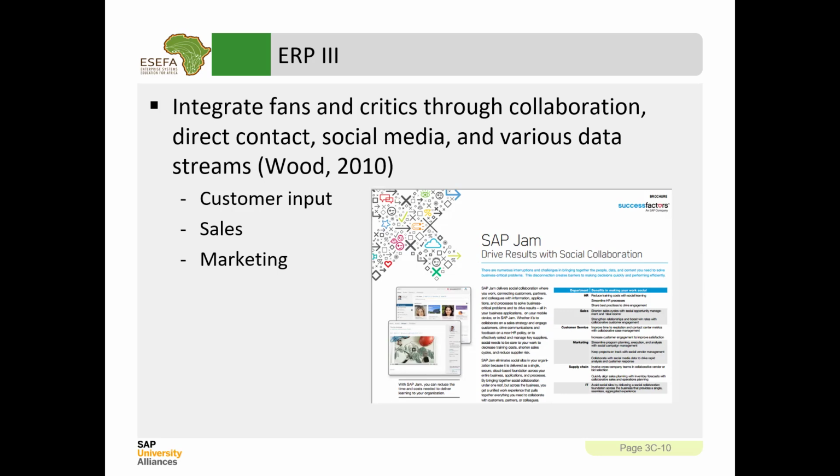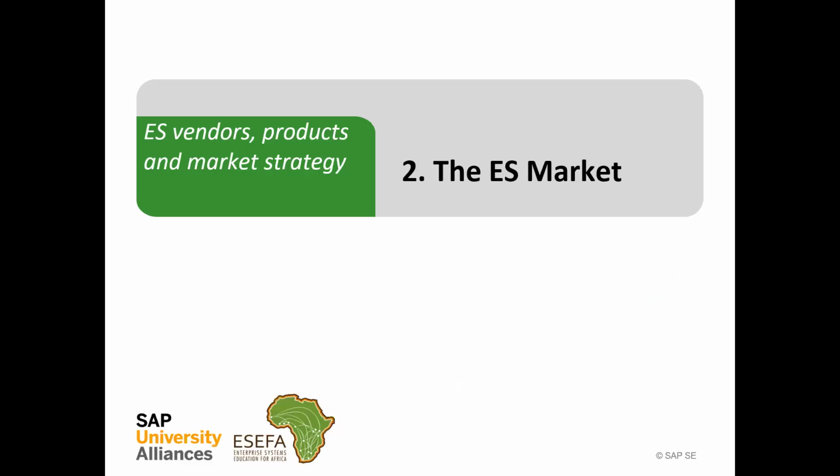So these are various means by which the enterprise systems has evolved to include direct contact and collaboration with the external. Includes customer input, sales, marketing, feedback, criticisms from the people.